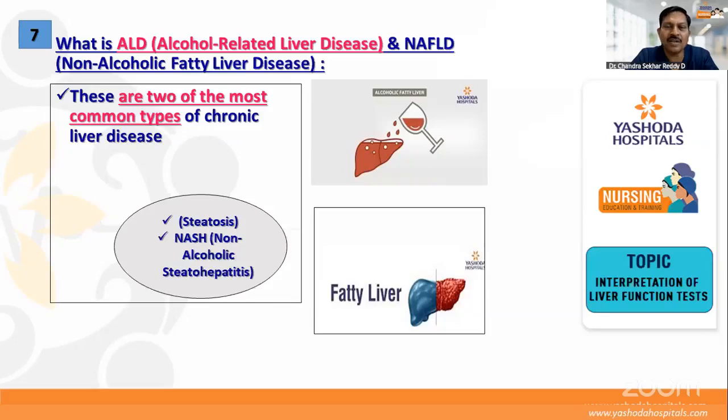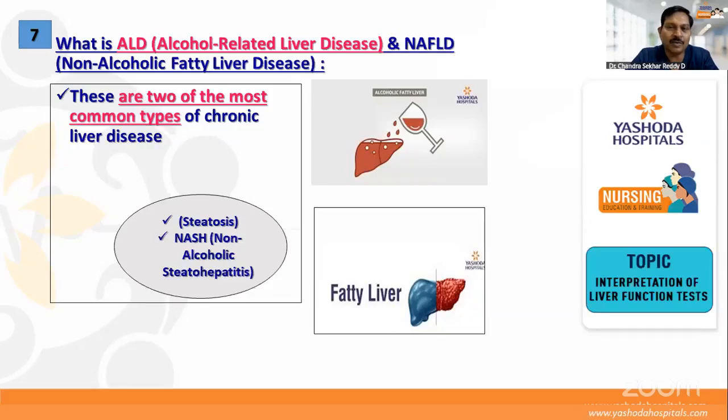After LFT also, we can know whether the fatty liver is related to alcohol or MASLD, because in alcoholic fatty liver disease the GGT is very high, and there is also some change in the AST-ALT ratio. In MASLD we see more ALT than AST, but in alcoholic fatty liver disease we see more AST than ALT.